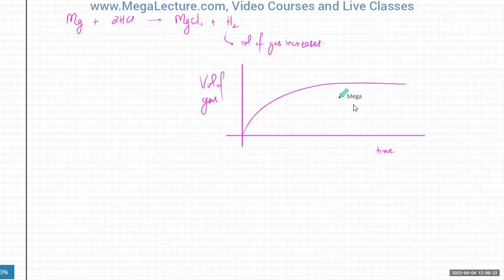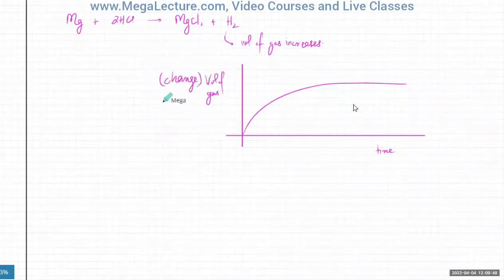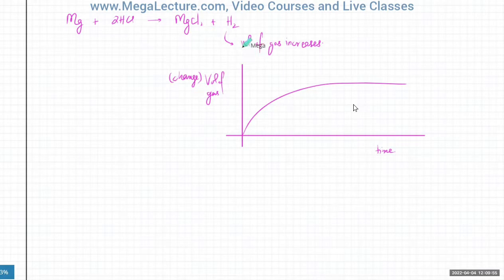So for any change with respect to time graph, you're plotting any change with respect to time. The gradient of this graph is basically your rate at that particular point.